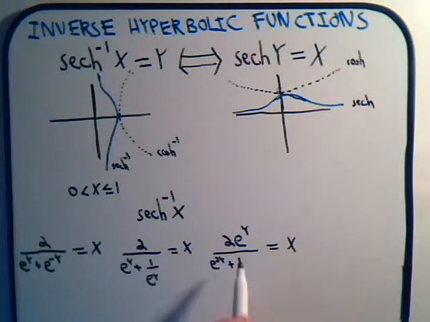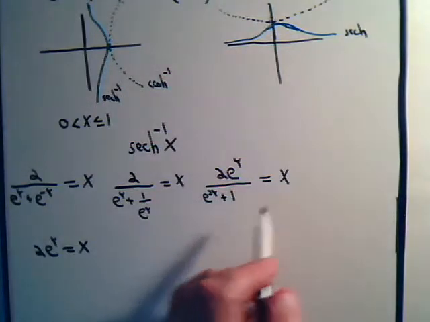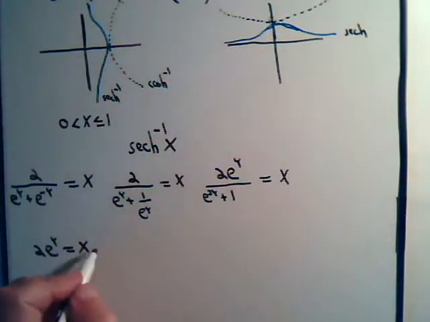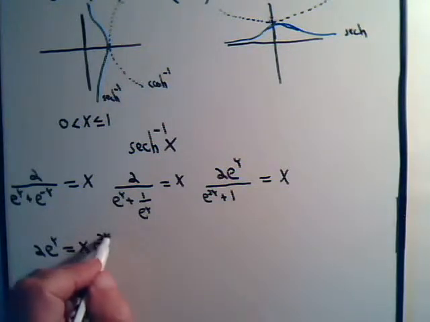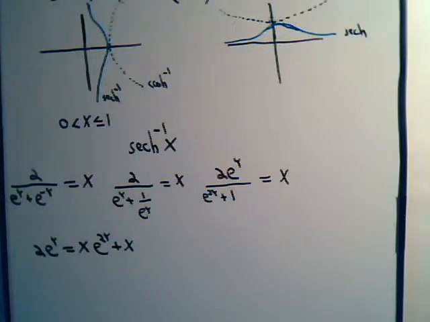And if we multiply across, we'll have 2 times e to the y will equal x e to the 2y plus x.